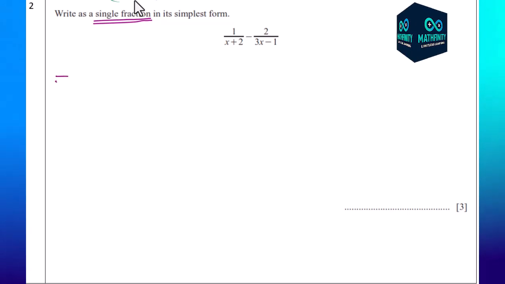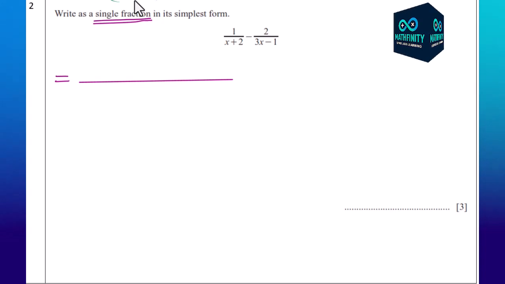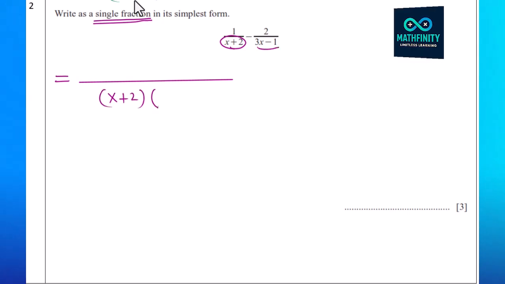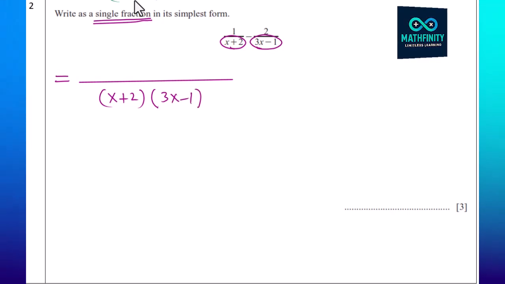So the first step is the same, we have to multiply the denominators. What is the denominator here? x plus 2. So we will write in the bracket x plus 2. And in another bracket, we have to write 3x minus 1. After multiplying the denominators with each other, you have to do the cross.